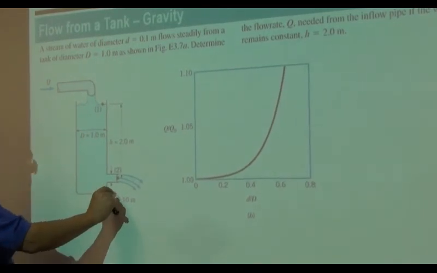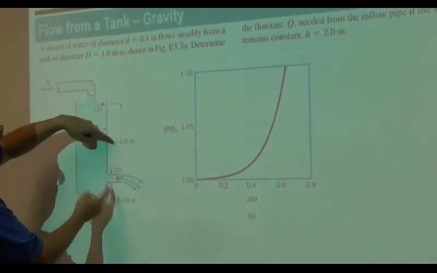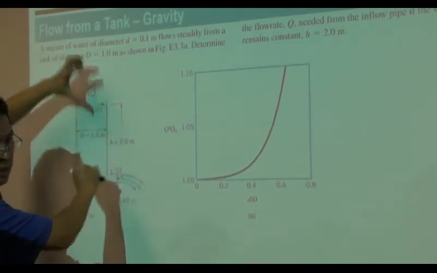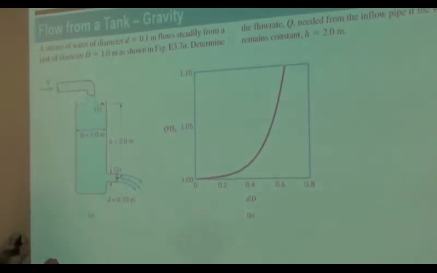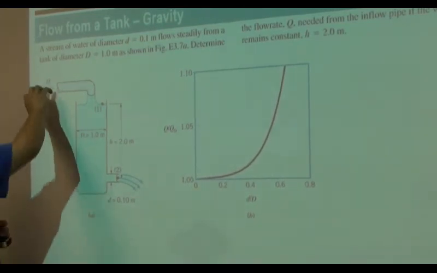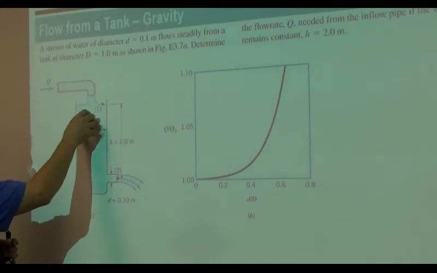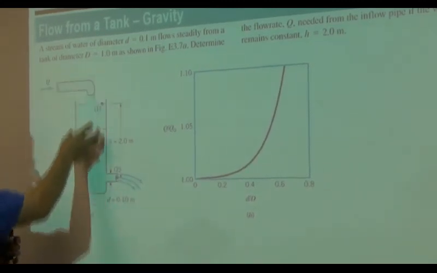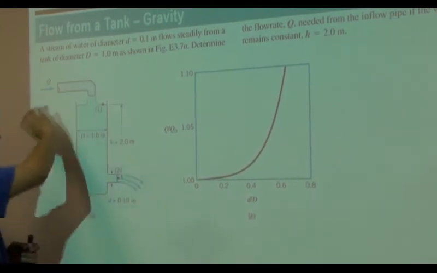So that means if you draw more water out, you need to keep more water in, then this tank is not going to act like a large tank anymore. Right after you add the water, immediately you are going to pick up the velocity and flow away. This whole thing acts like a pipe.